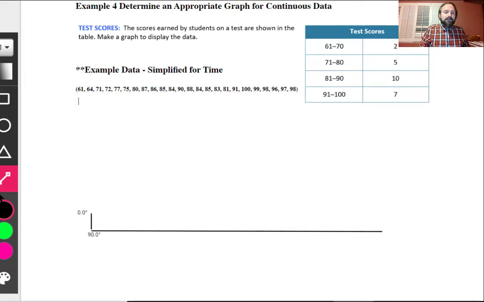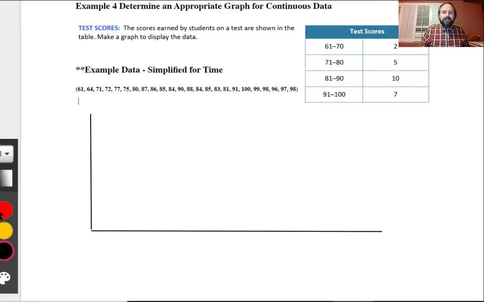So making our graph right here, we understand it goes up to 10. So at this point, I'd say maybe we do 2s. So that's 2, 4, 6, 8, 10.